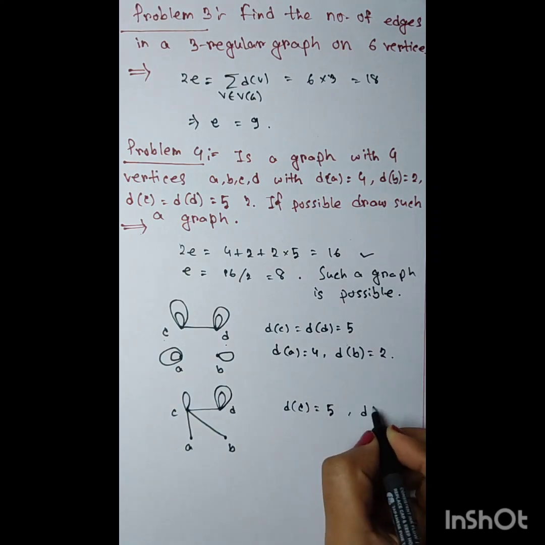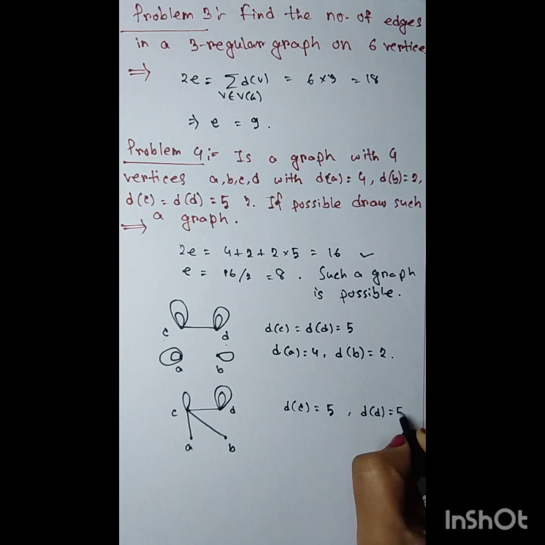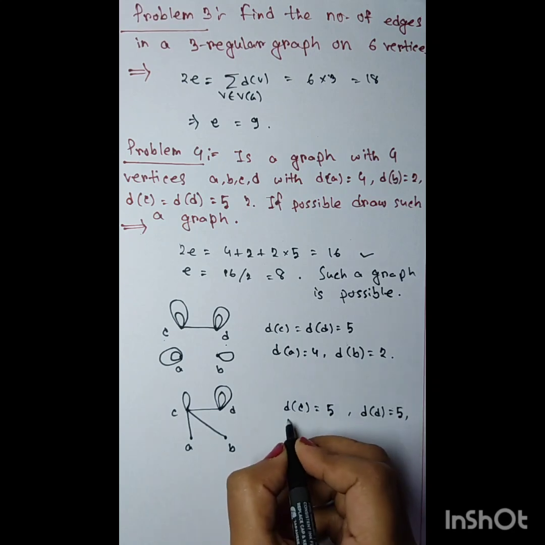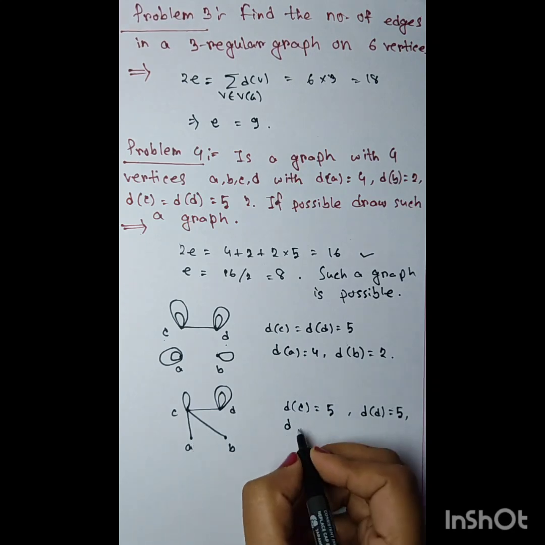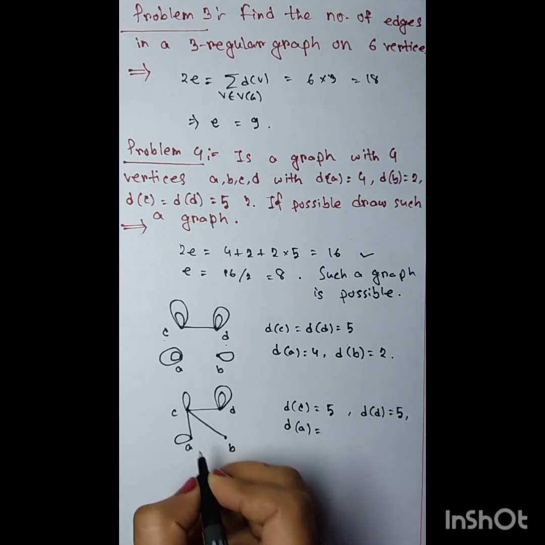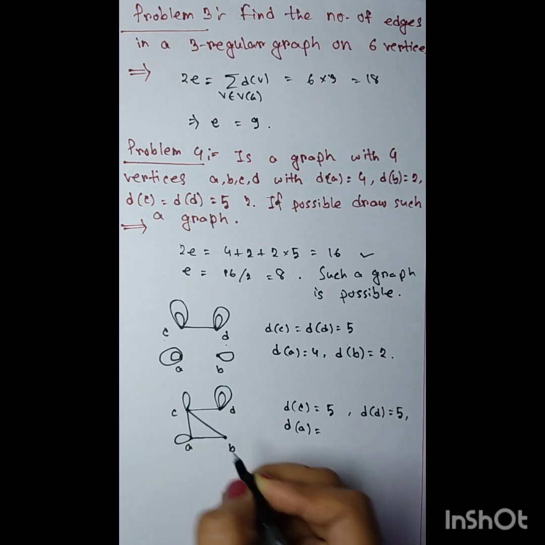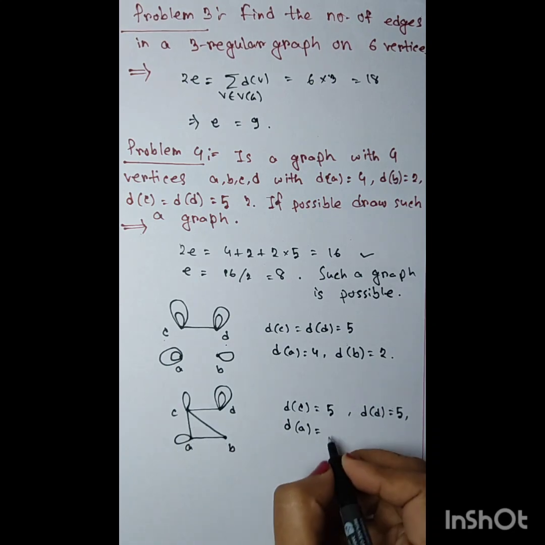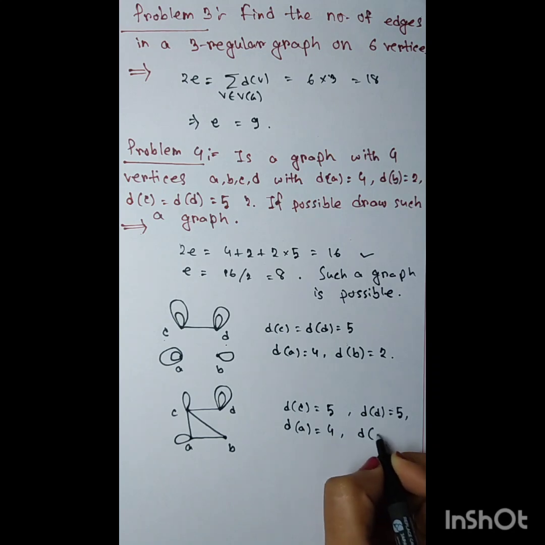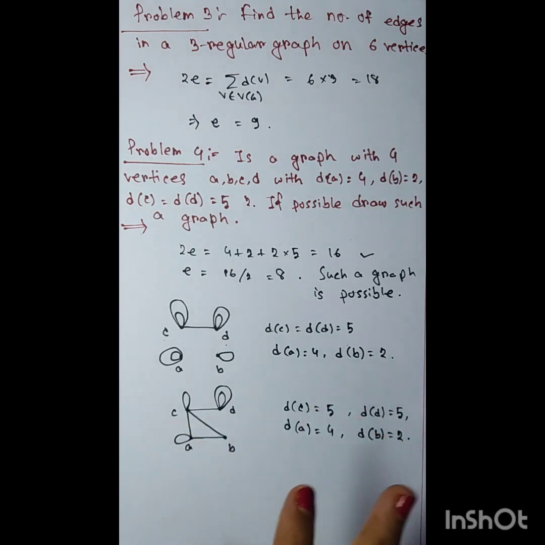So now degree of D is 5. Now degree of A, we have to make 4, so we can add here one loop and an edge. So now degree of A is 4 and degree of B is 2. So like that we can actually have more drawings for this graph, so these drawings are not unique.